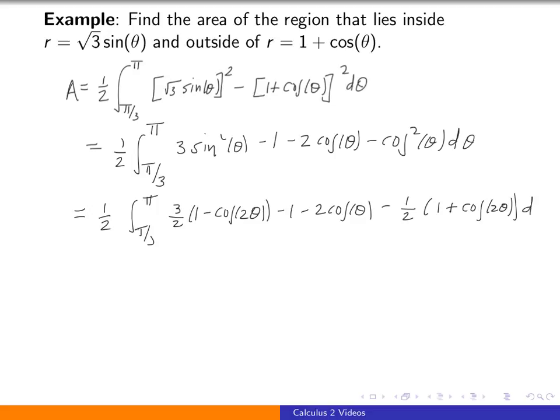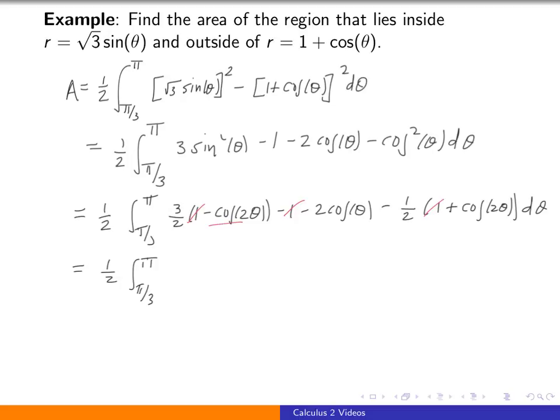cosine 2 theta. And at first, I agree with you, this looks like a complete mess, but if we really focus in on what's happening inside this integrand, we do get some nice cancellations. So for example, note positive 3/2 minus 1 minus 1/2. So those three numbers vanish.